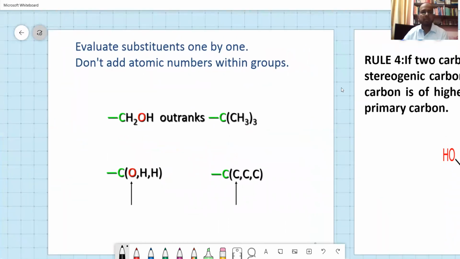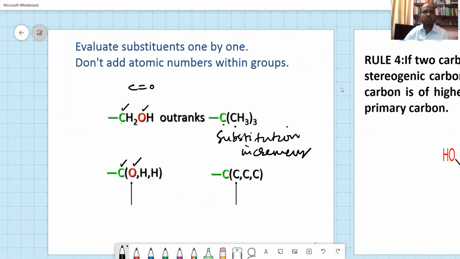So if you evaluate substituents one by one without adding the groups, you will have first priority as something which is attached to O. First priority as something attached to O. Okay. So this is in fact a kind of substitution increment. Okay. So CO outranks CC.